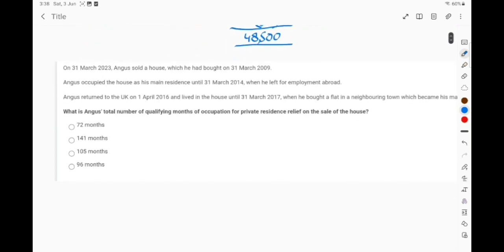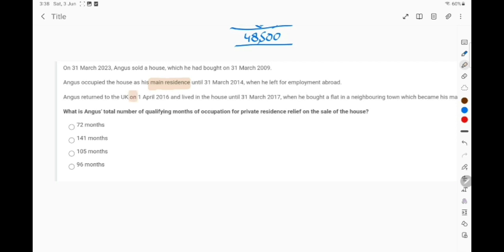Now the next question, again an important one. On 31st March 23, Angus sold a house which he had bought on 31st March 2009. Angus occupied the house as his main residence until 31st March 14 when he left for employment abroad. You know that main private residence relief is allowed.